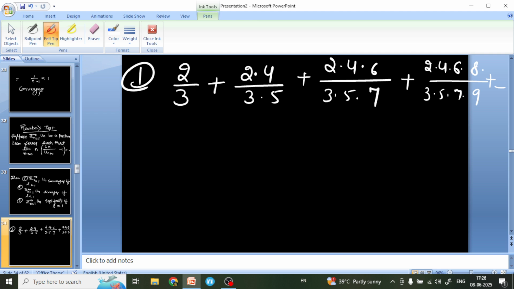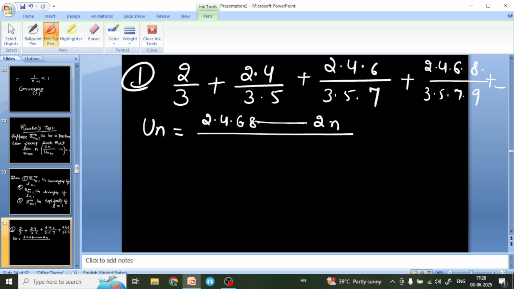You should write here un is equal to 2 into 4 into 6 into 8 up to 2n over 1 into 3 into 5 into 7, that comes from the 2n plus 1 series.